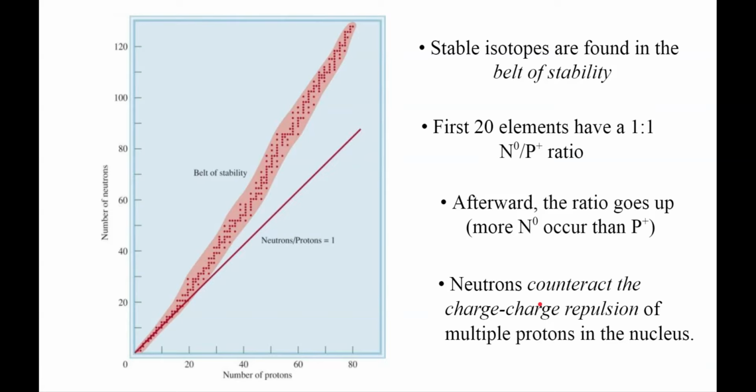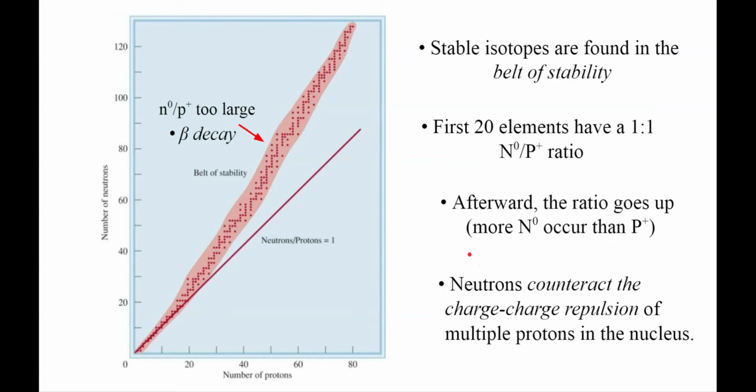However, in the nucleus, they're crazy packed closely together, ultra dense. And think of the neutrons as kind of being a spacer in between them to help minimize those charges. And so the bigger the atom, the more neutrons are needed to help stabilize it. And you get to a point, all the way up to polonium, where it doesn't matter how many neutrons there are, it's still going to be radioactive.